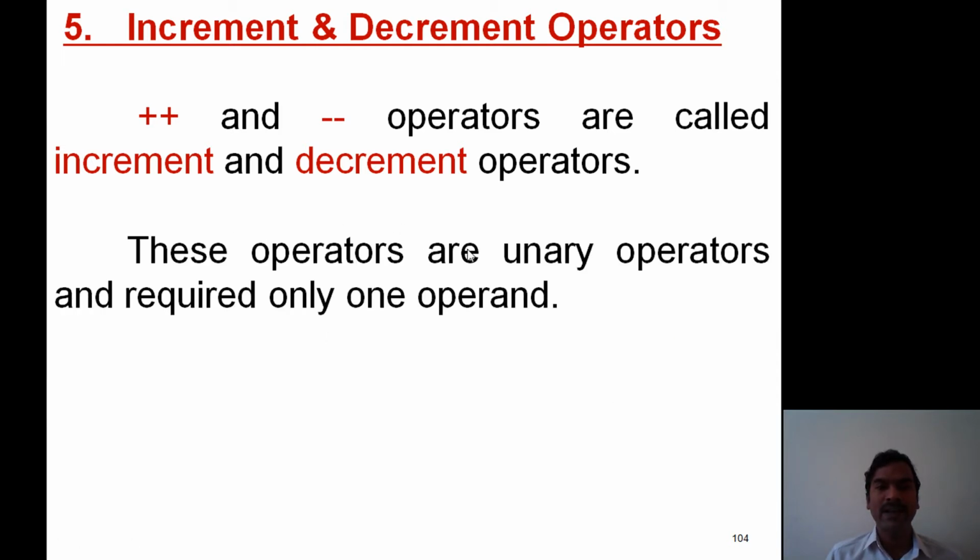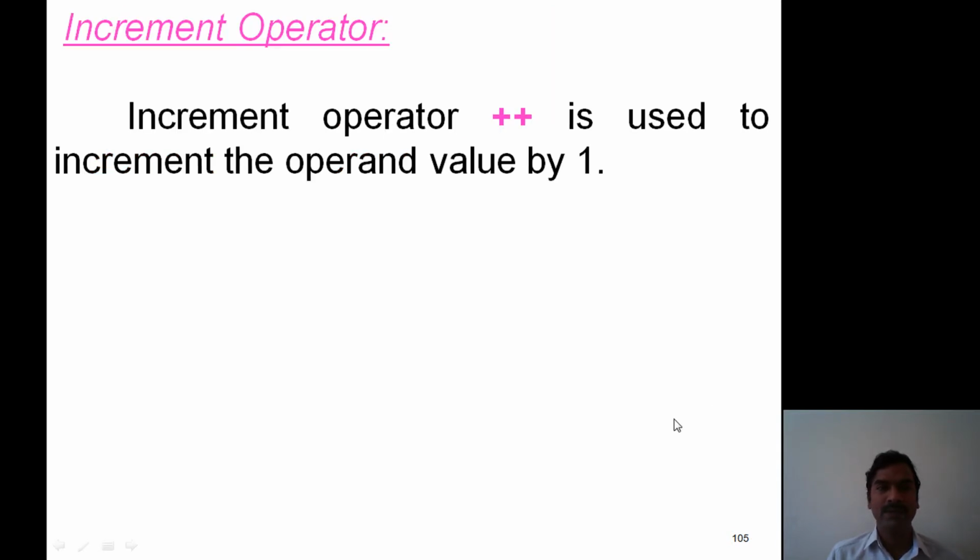These operators are used to increment and decrement the operand value by 1. Increment and decrement operators are unary operators. They require only one operand. Okay? These operators are unary operators and require only one operand. First one, increment operator.